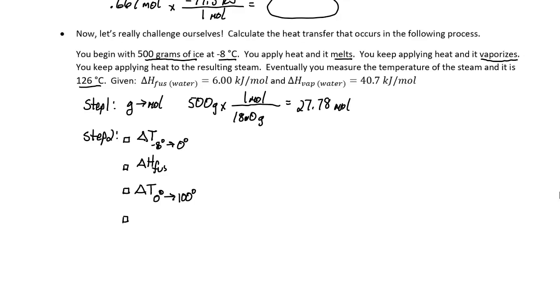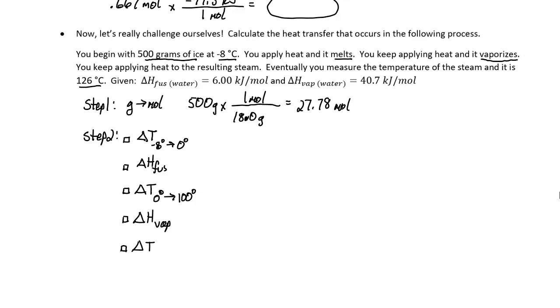At that point, another phase change happens. The liquid water is going to vaporize and turn into gaseous water. The delta H value we're going to be interested in for this is the vaporization value. Finally, even after it vaporized and turned into steam, there's an additional temperature change that takes place.